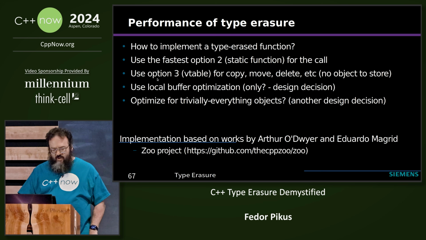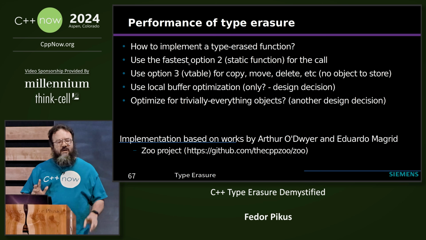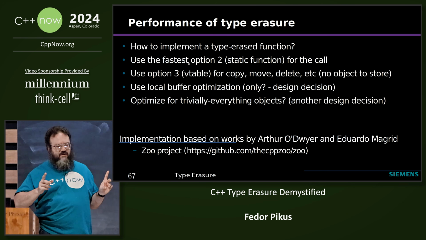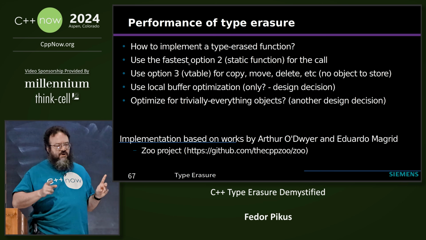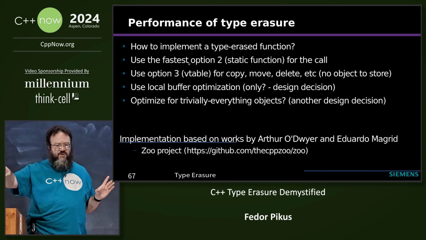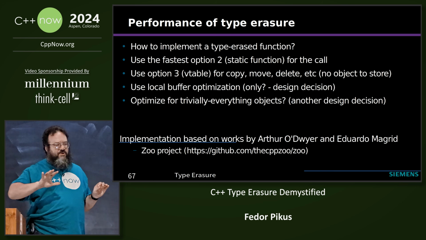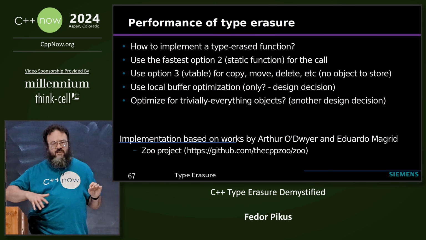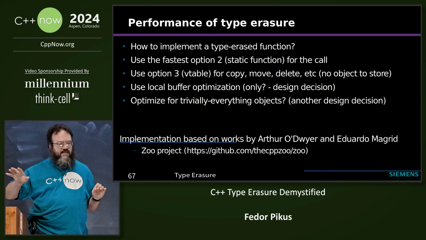So how am I going to implement a type erased function? I'm going to combine two options. I'm going to use option 2, the static function pointer, for the critical path of invoking the function. I'm going to use option 3, a custom vtable, for everything else: copying, deleting, moving, all of that.